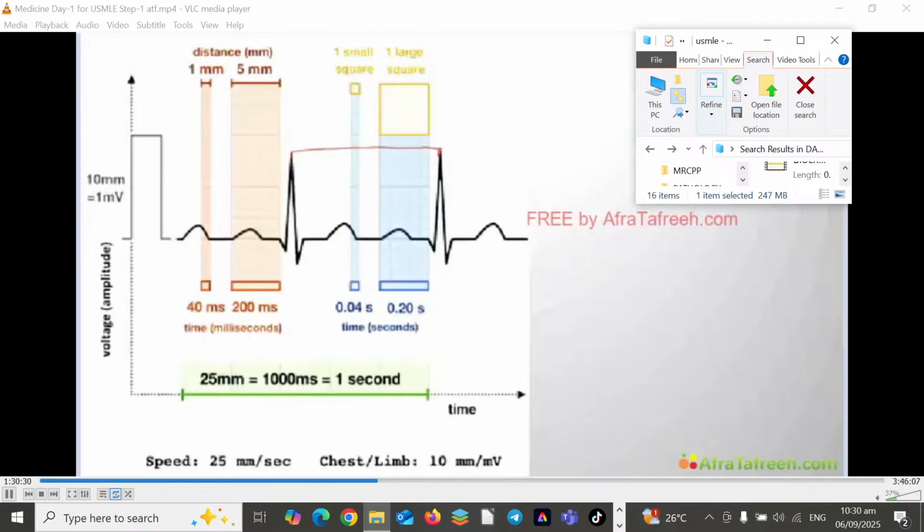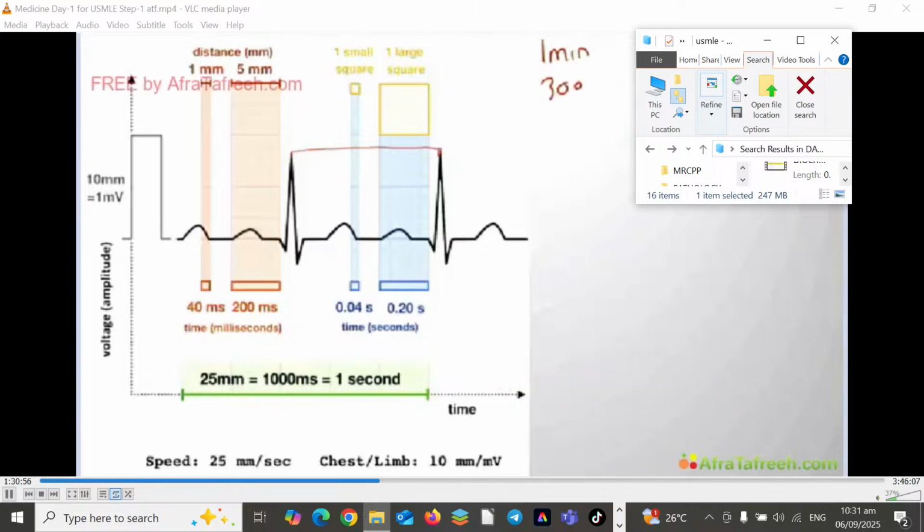The number of RR intervals that occur in 1 minute would understandably be your heart rate. Correct? That means the number of pulses that you have in a minute is your heart rate. Simple. So heart rate was how many boxes? It was 1 minute, right? 1 minute means 300 large boxes.